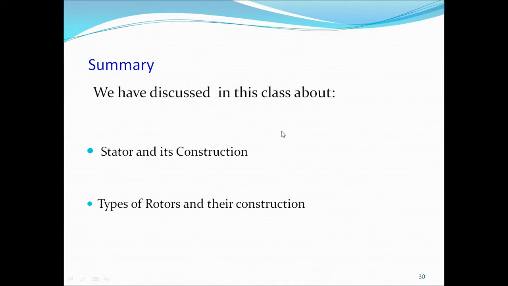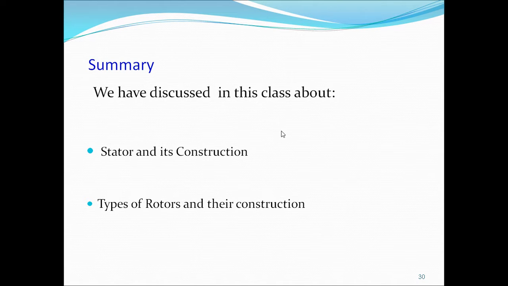Next one is the rotor. What is a rotor? A rotor is the rotating part of the machine. What are the types of rotor? There are two types of rotor, salient pole rotor and non-salient pole rotor. Where do we use salient pole? The salient pole is used for low speed, it contains more number of poles, and it is used with water turbines.